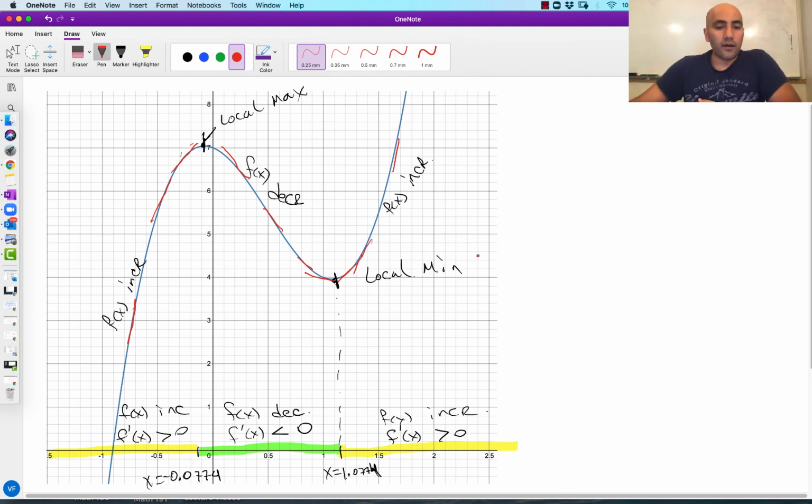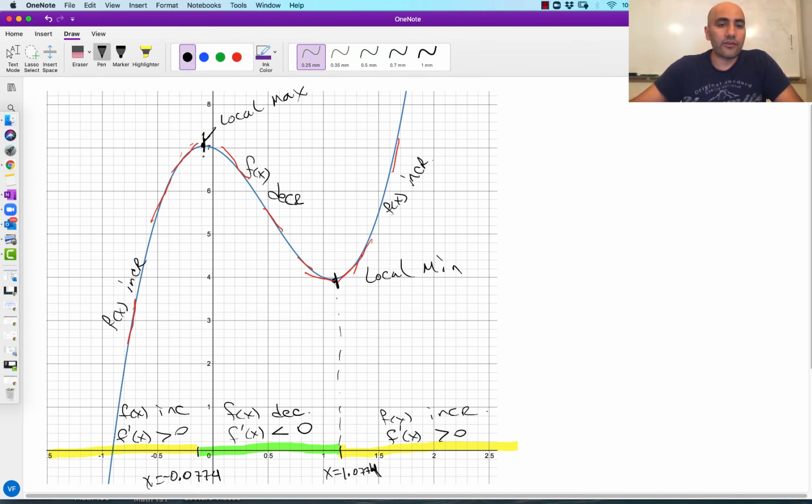Okay, so what if you didn't have Desmos? How would you get this picture? Well, a lot of work, right? So aside from knowing this information down here, it would also be nice to come up with some extra convenient points.